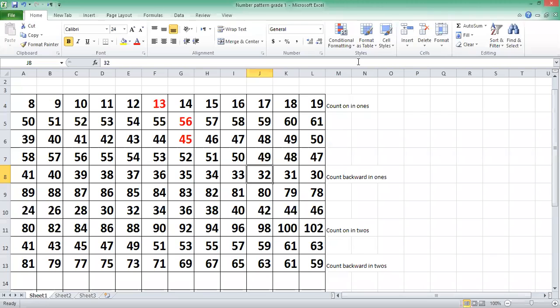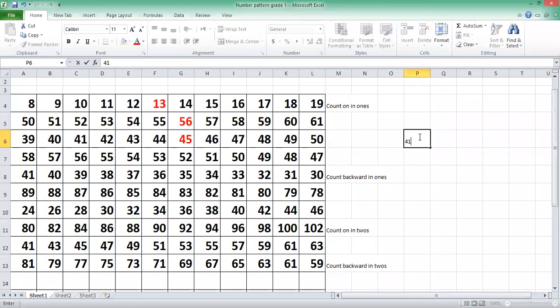The next pattern example, guys, here 41, 40, 39. You can see here that the pattern is arranged from greatest to smallest. 40 is not greater than 41. It is smaller. It is less than 41. 40 doesn't come after 41 when counting forward. That means you are counting backward. You are subtracting. How many backward?